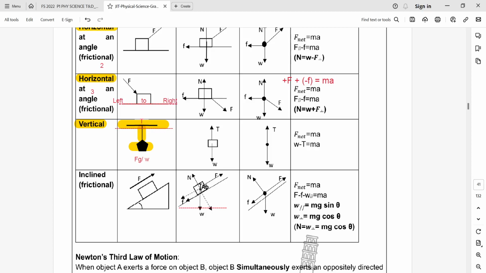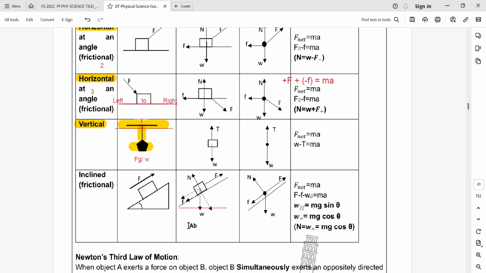When we draw the horizontal line to this surface, it gives us something like this, a line parallel to the horizontal line. So it's F minus (friction plus weight parallel).